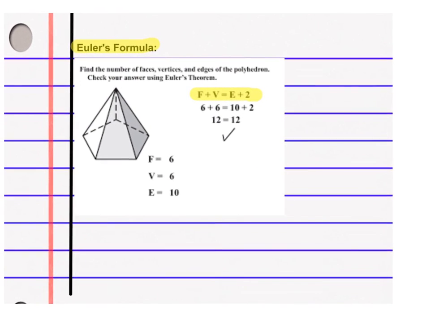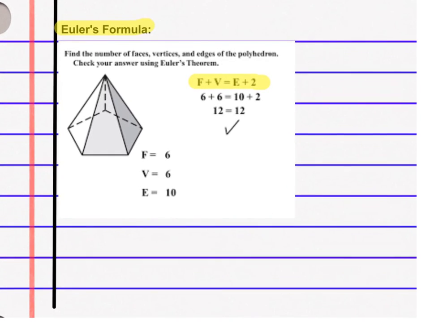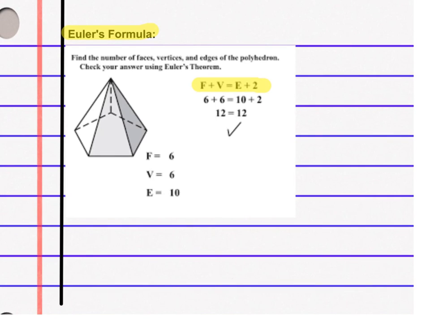All right, so we're going to use Euler's formula to find the number of faces, vertices, and edges of the polyhedron and check. So right here, this was the formula that we wrote out before. Here's a good question to see if you're understanding.